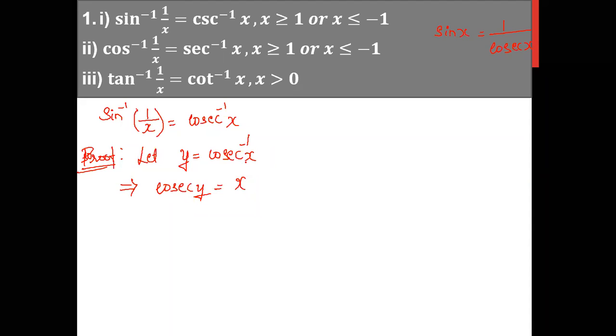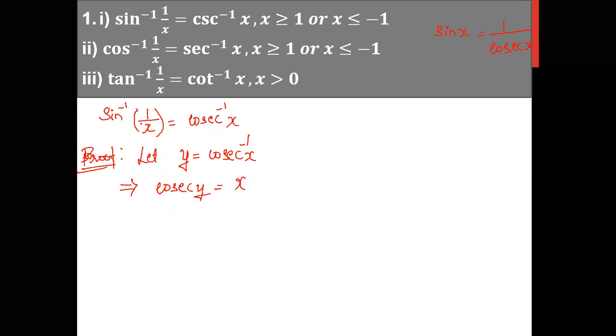Cosecant of cosecant inverse x is always x. Hereafter I won't write the step cosecant y is equal to cosecant of cosecant inverse x. In the next step it is directly cosecant y is equal to x, since we know this now.